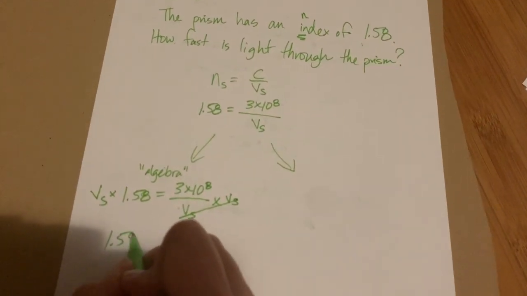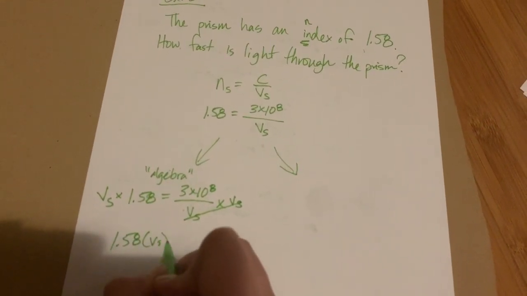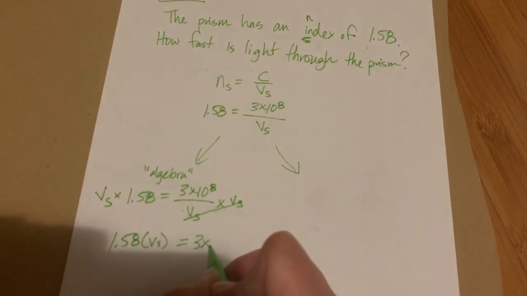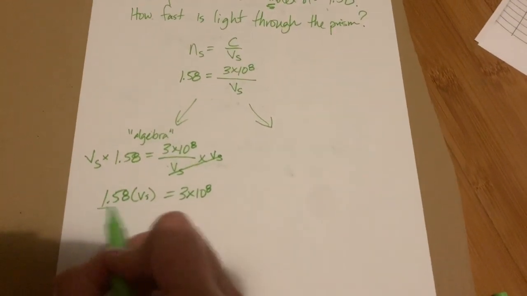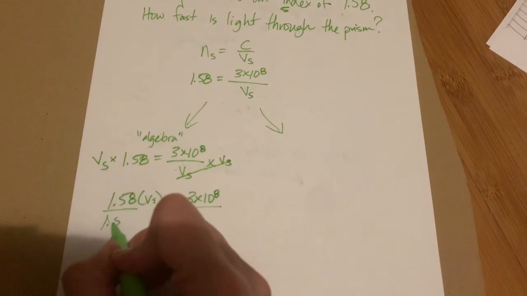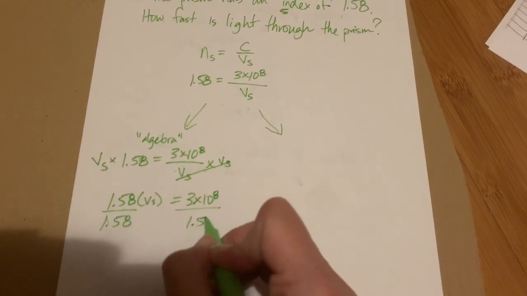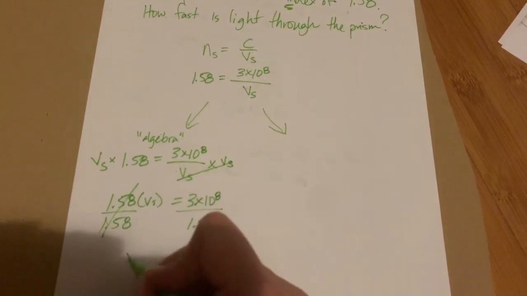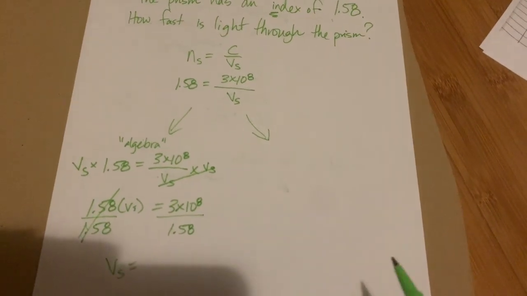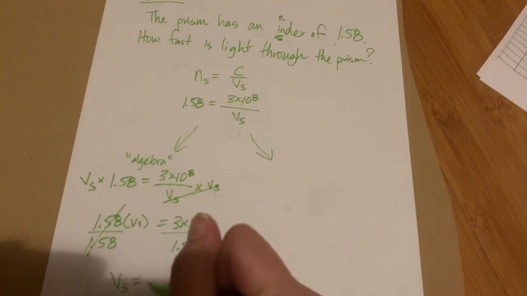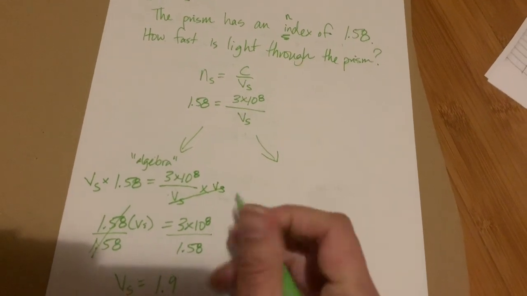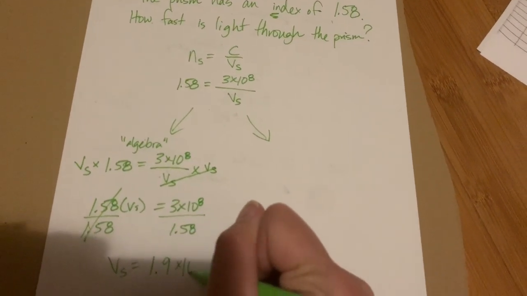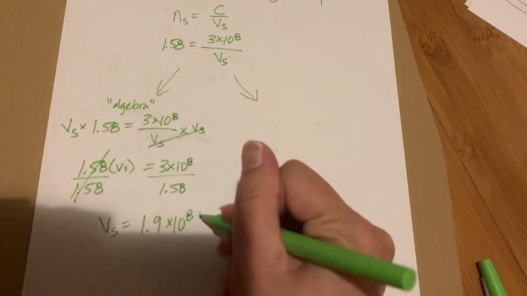So 1.58 times v_s is now 3 times 10 to the 8. And then to get v_s, we divide both sides by 1.58. And so, let's see, that gives me a v_s of, rounding, 1.9 times 10 to the 8 meters per second.